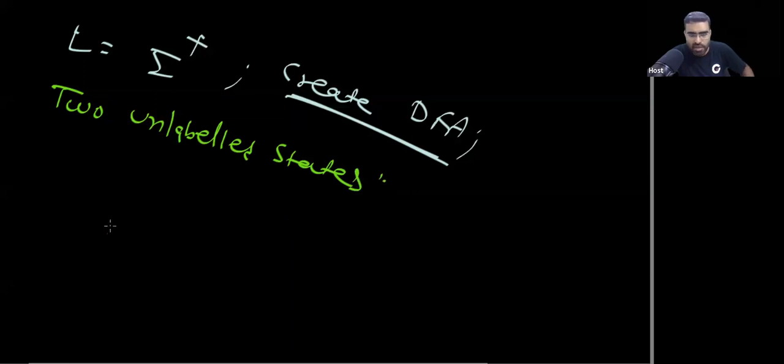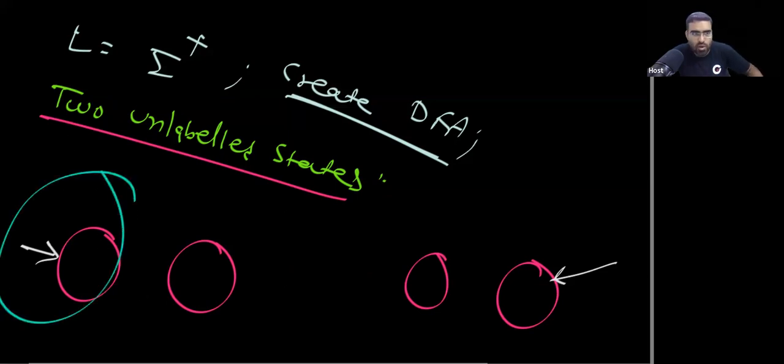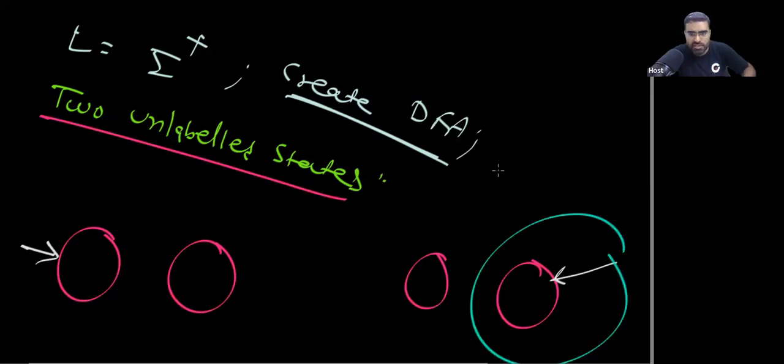What are the possibilities for the DFA? Either you can make this the initial state or you can make this the initial state. The initial state you can make anything; you can start here or here. But you will get the same DFA.